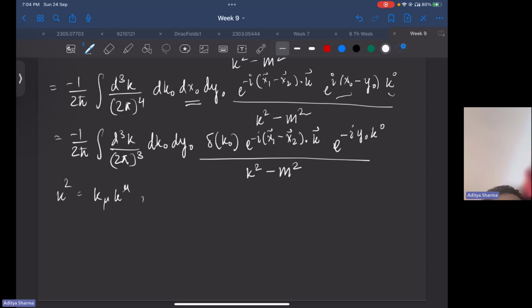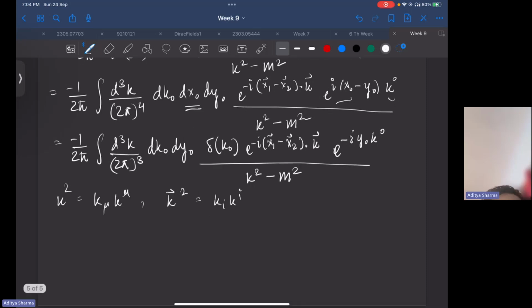Okay, and remember this thing is, so now I've got, and what I used here is just 1 by 2 pi cubed.